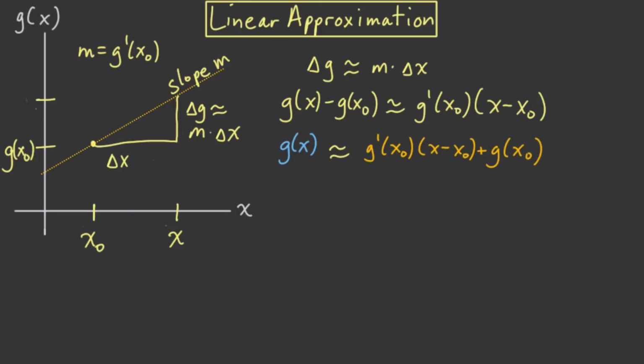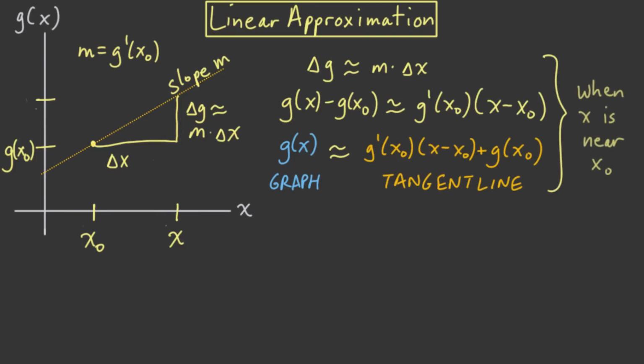So here on the left, we have just the formula for the graph of the function. And on the right, well, that's the formula for a line. What line is it? Well, it's our tangent line. So we have that the graph is very close to the tangent line. And this is all true when x is near x naught.